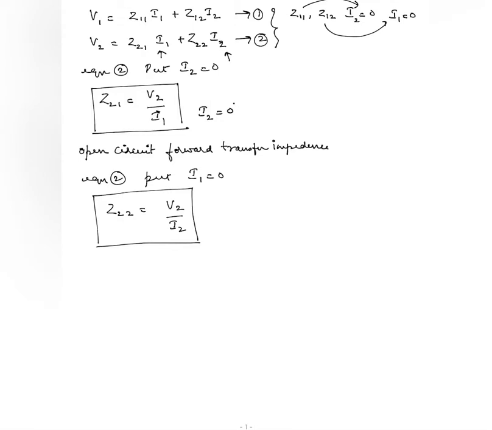If you know these two equations, you can solve any problems under Z parameters, and that is a guarantee. So Z22 is V2 by I2, and this is got when I1 is equal to 0, right? So this is called open circuit driving point output impedance.